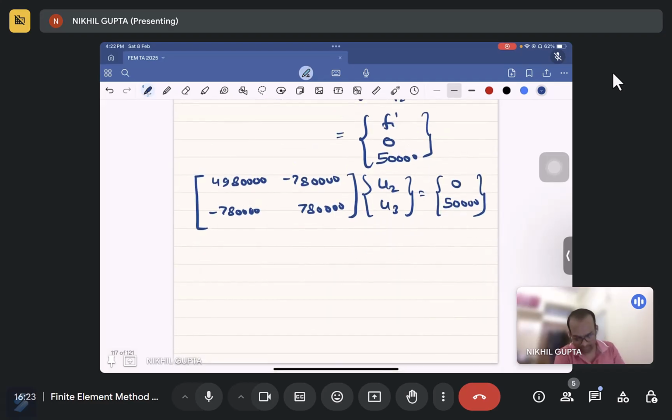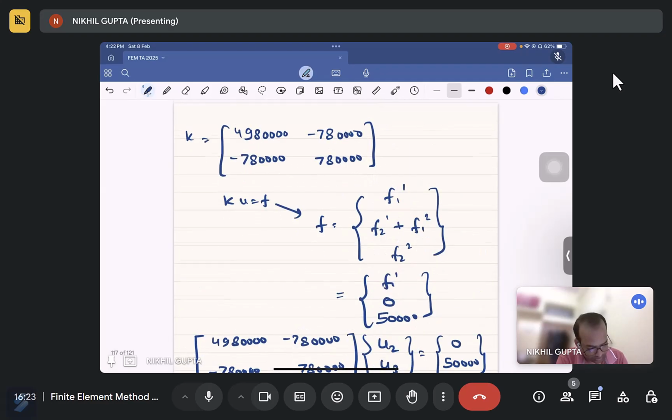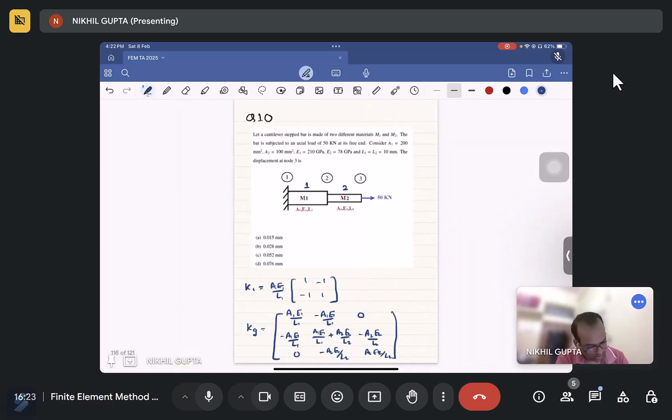So you have to invert the matrix, and when you solve it, the U2 and U3 you will get will be equal to 0.0119 and 0.0763. So you can see the answer is D.